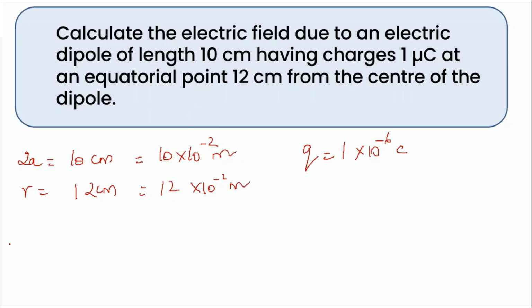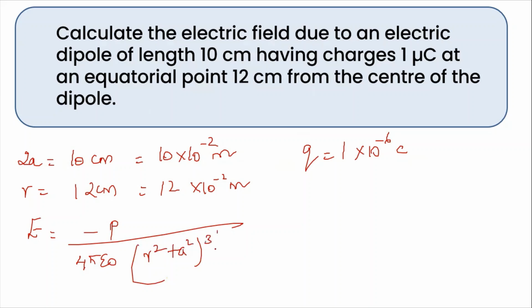So what is the first expression for electric field there? Minus P by 4 pi epsilon naught, R square plus A square, the whole power 3 by 2.